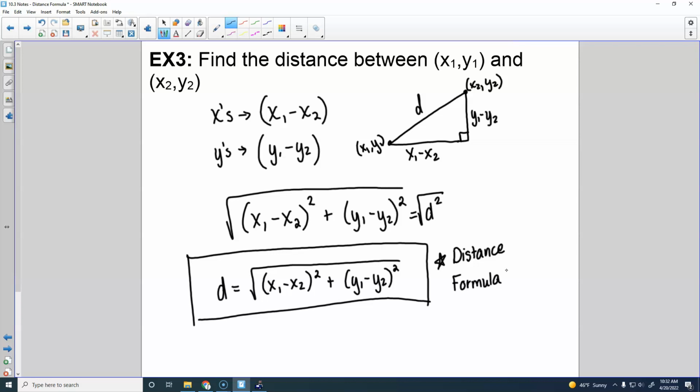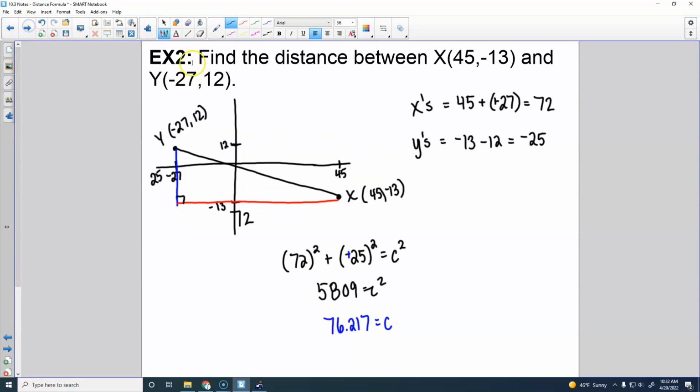So, you are welcome to continue to use the graph. However, I will guarantee you that you will get some problems with some numbers that are too large to use a graph for. Right? So you will see some like we just saw on example 2, where the numbers are just too big to graph.